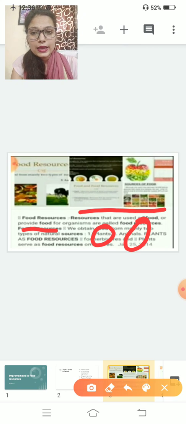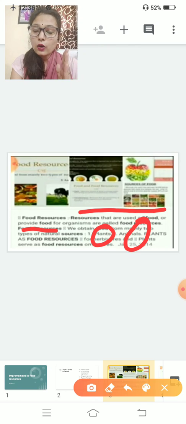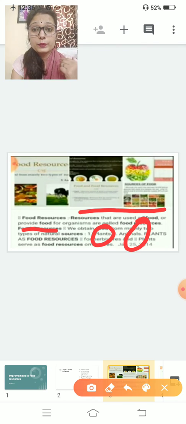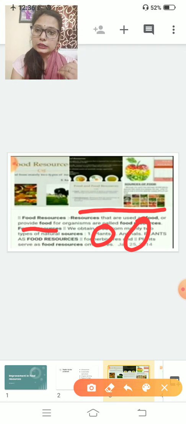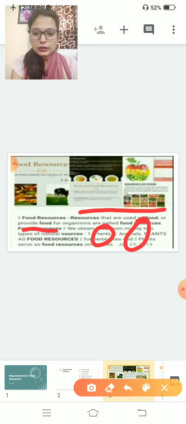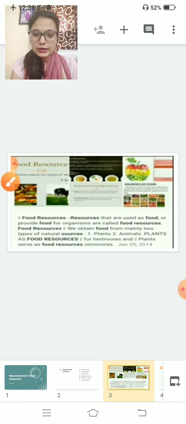And animals act as food resources for carnivores as well as omnivores. Omnivores depend on both things, plants as well as animals, but herbivores depend only on plants and carnivores depend only on animals. Clear?